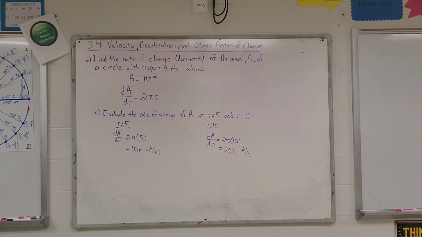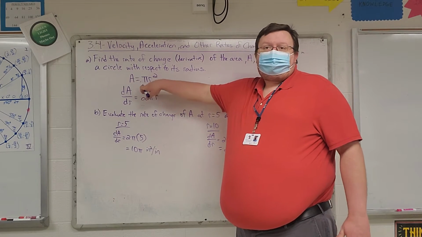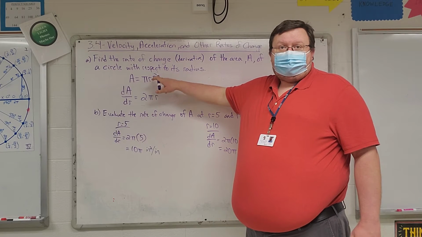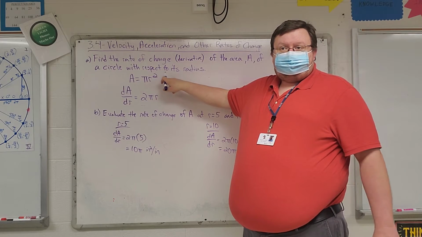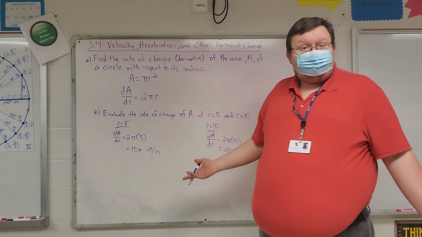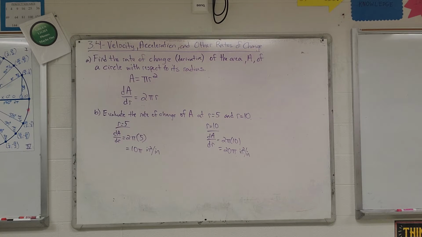That makes sense though, because the original function, if we think about the area formula as a function, that might be kind of weird to think about it like that, but it can be a function. That's just like an x squared. It's just like pi times x squared. So if it's r, that's like a quadratic function.